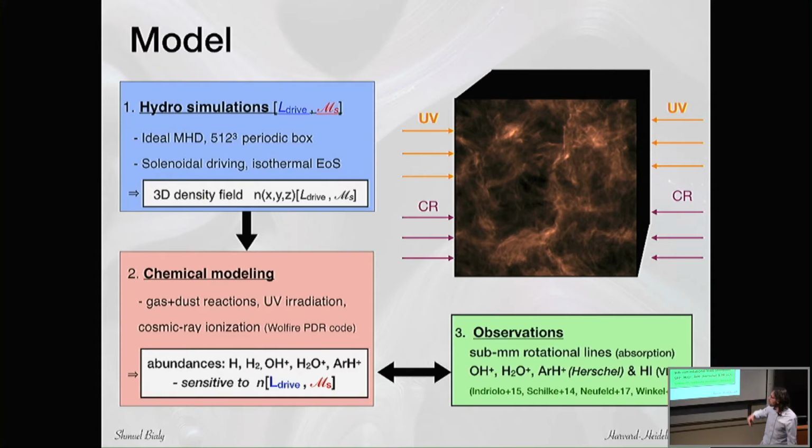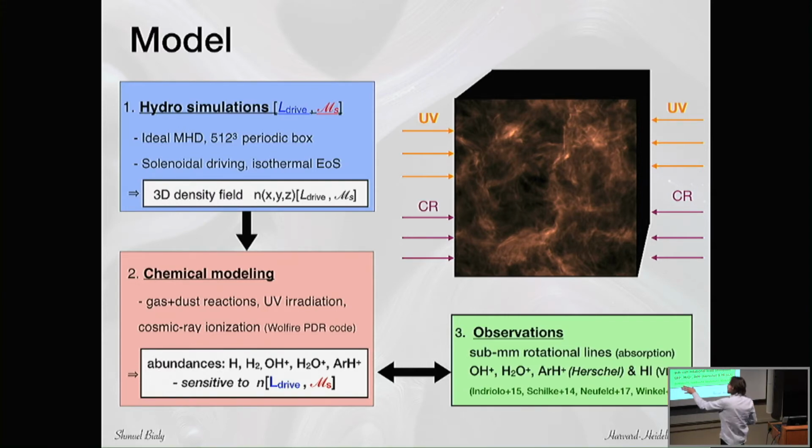Our model includes various gas and dust reactions, UV radiation, and cosmic rays, based on the PDR model. So basically the radiation propagates inside, and now in each cell you have the abundances of different molecules, and these abundances very strongly depend on the density, and this is the key here, especially if you pick the right molecules. Therefore, the abundances that you get will depend on density, so they will depend on the parameters of the turbulence.